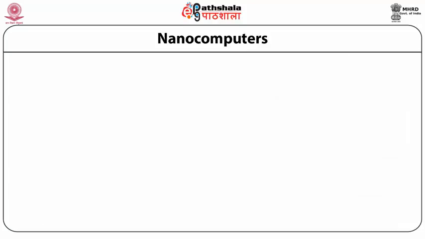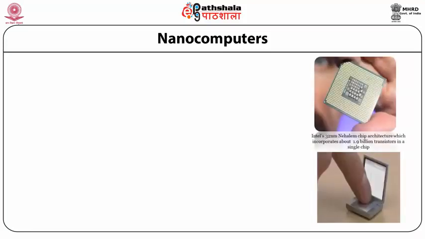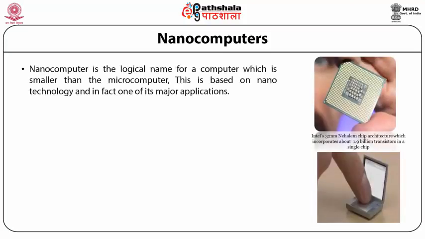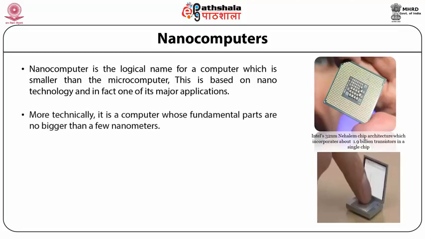One of the most common products, or we should specifically say nanoproducts, is the nanocomputer. The nanocomputer is the logical name for a computer which is smaller than a microcomputer. This is based on nanotechnology. In fact, it is one of its major applications. More technically, it is a computer whose fundamental parts are no bigger than a few nanometers.